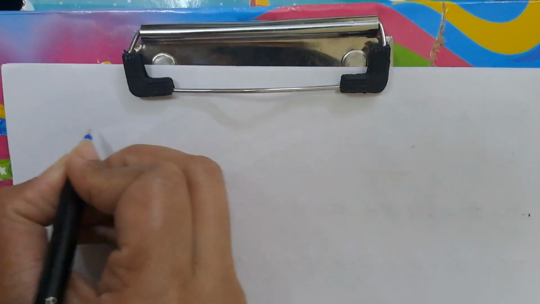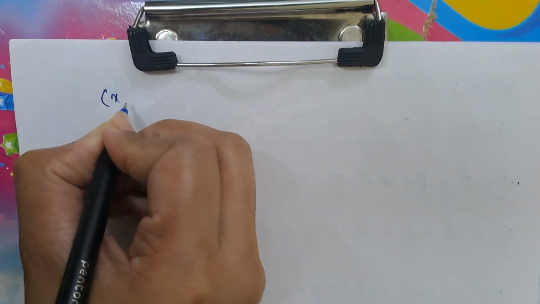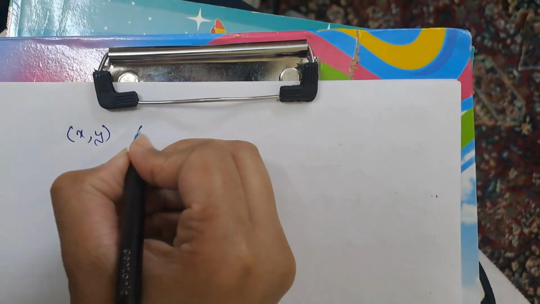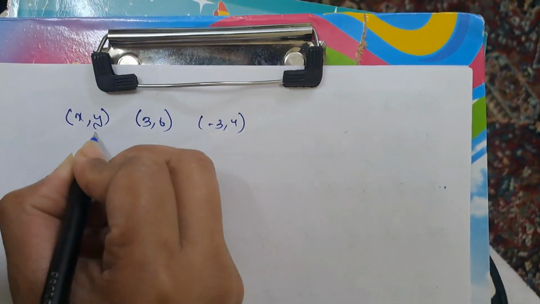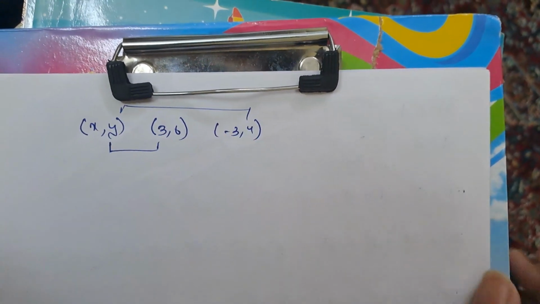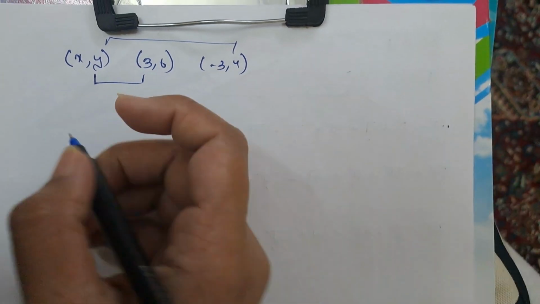Okay, so since it's given that the point is (x, y) and they have given the other points as (3, 6) and (-3, 4), the distance between these two and the distance between these two is the same. So how do I calculate it?